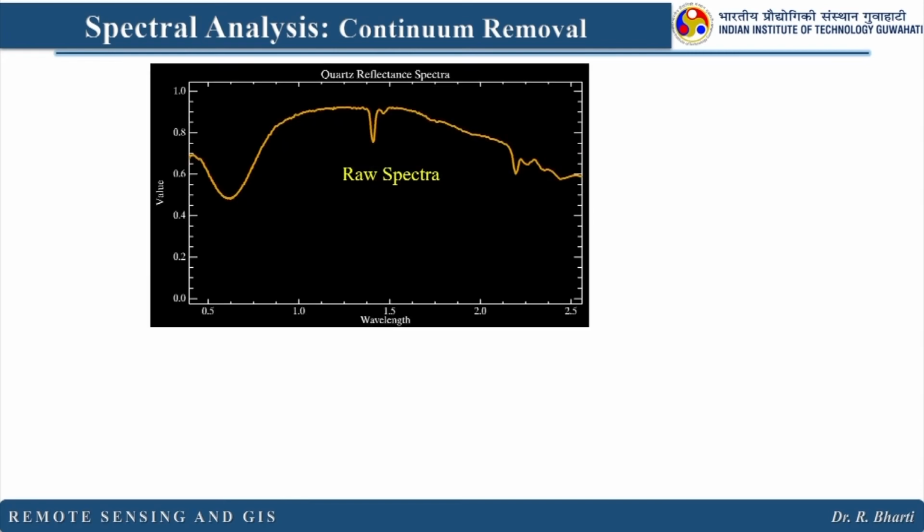Here I will show you the effect of this continuum removal on the measured spectra or image spectra. Assuming this is my input spectra, again this depth, whether we should consider from here or from here, we do not know, there is a confusion. Here again, whether I should consider this or this, I do not know. How will you identify that baseline?